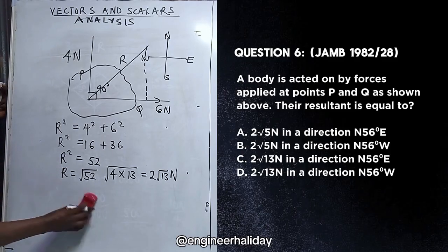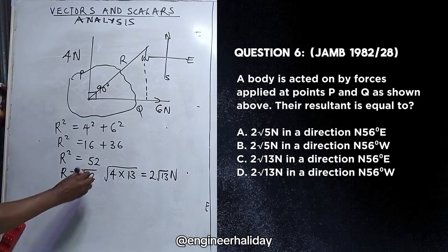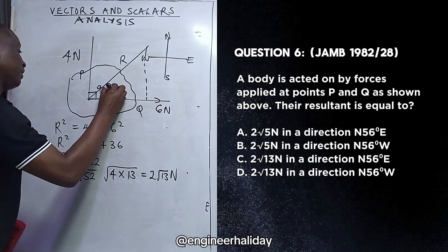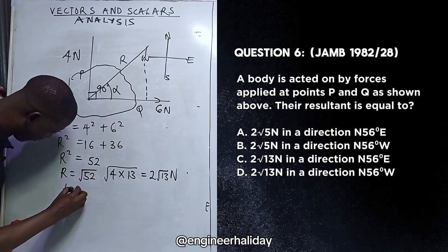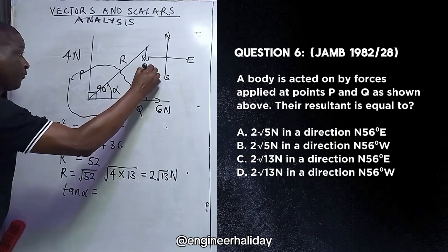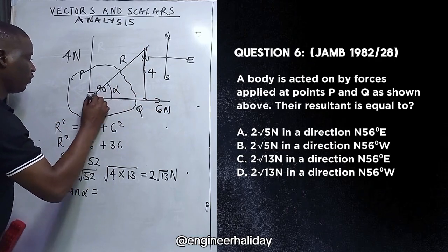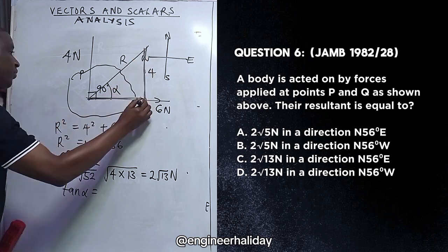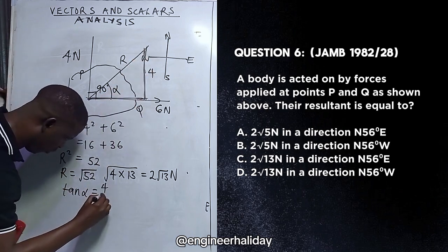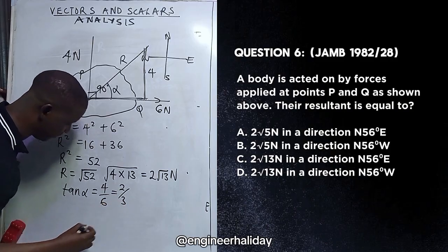Now let's see what we are going to do to get the direction of R. Tan alpha is equal to opposite over adjacent. This is opposite and this is adjacent, so we have 4 over 6, which is the same thing as 2 over 3.